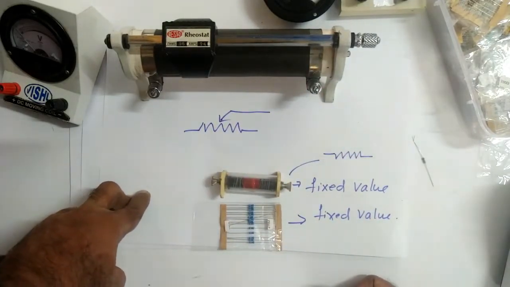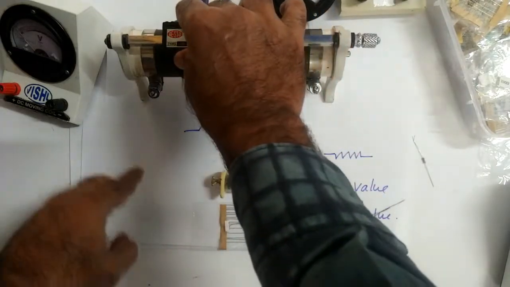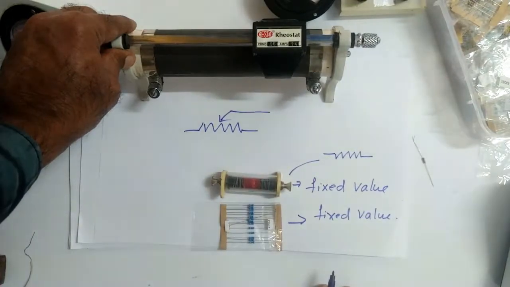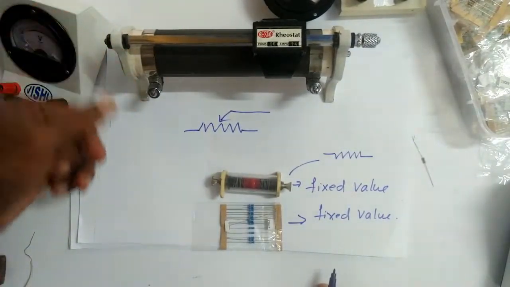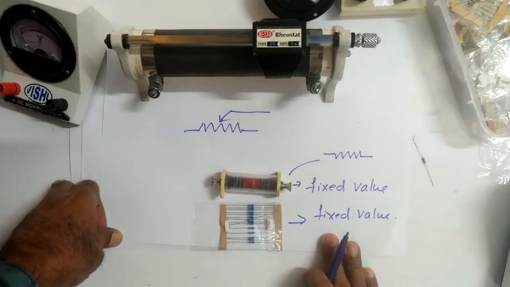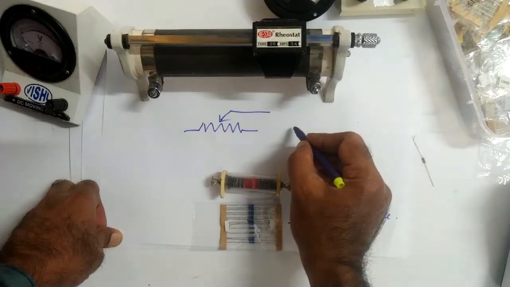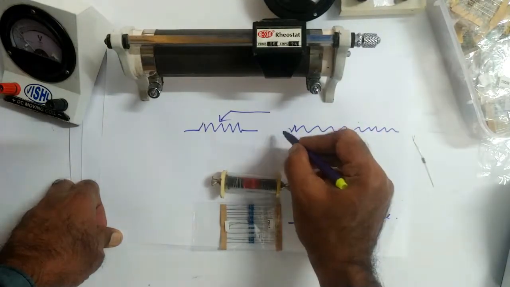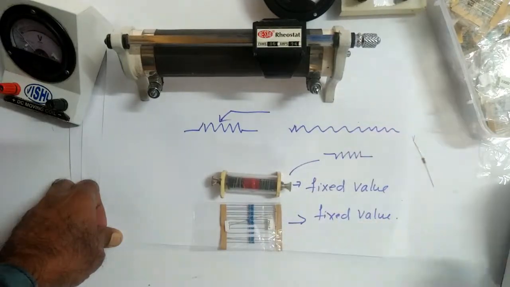Now, can you tell me why the value changes when we move this? You have already learnt in the theory that resistance depends on the length of the conductor and also the thickness of the conductor.